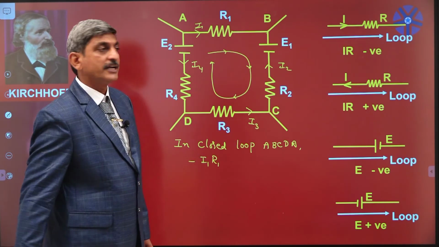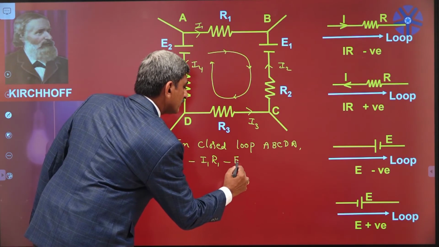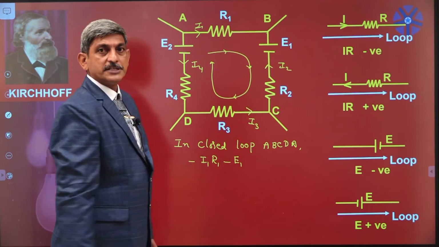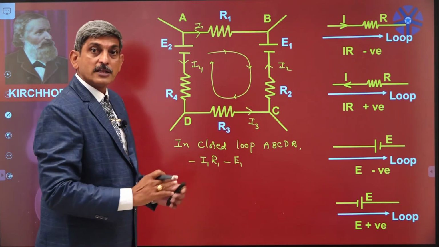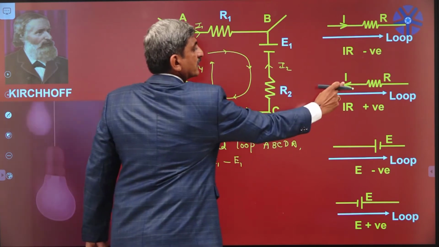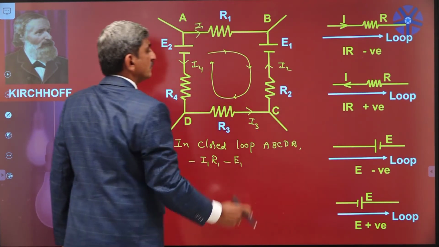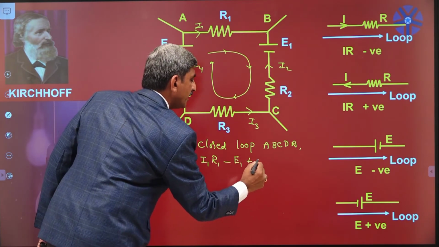Whenever we do that, the EMF is negative, so minus E1. Across the resistor, the direction of the current and the direction of the loop are in the opposite direction, so the second rule is implemented and IR is positive. The current is I2, the resistance is R2, so plus I2 R2.